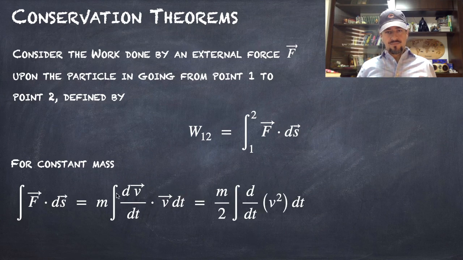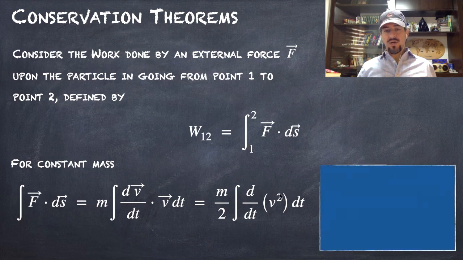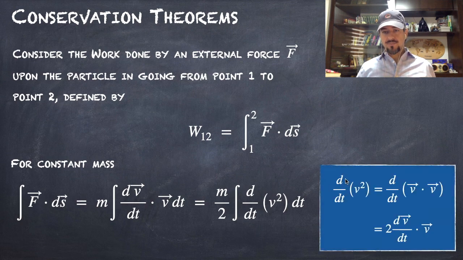And then we can see that dv multiplied by v, I can write as a derivative of v squared. Take a look at this. If we consider the derivative of v squared with respect to time, this is equal, of course, to v in the inner product with v, and this is going to be 2 times dv/dt multiplied by v.